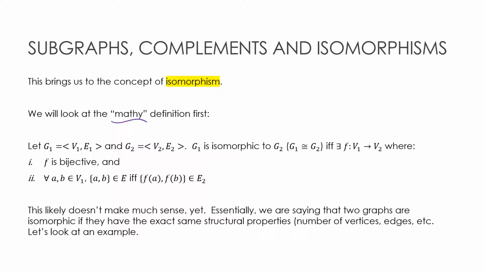Essentially, 2 graphs are isomorphic if they have the exact same structural properties, which means they have the same number of vertices, the same number of edges, and the edges connect, or are incident to, the same vertices. So let's look at a practical example instead of getting caught up in the mathematical lingo of the definition.